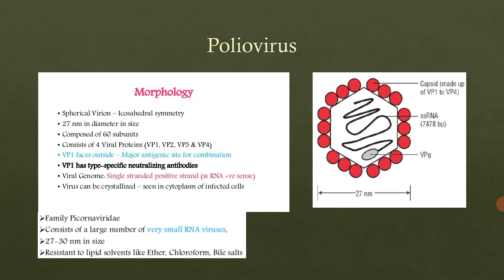It is also the site for combination with the type specific neutralizing antibodies. This part we will study again later. But just remember that this site is a major antigenic site for combination with the type specific neutralizing antibodies.